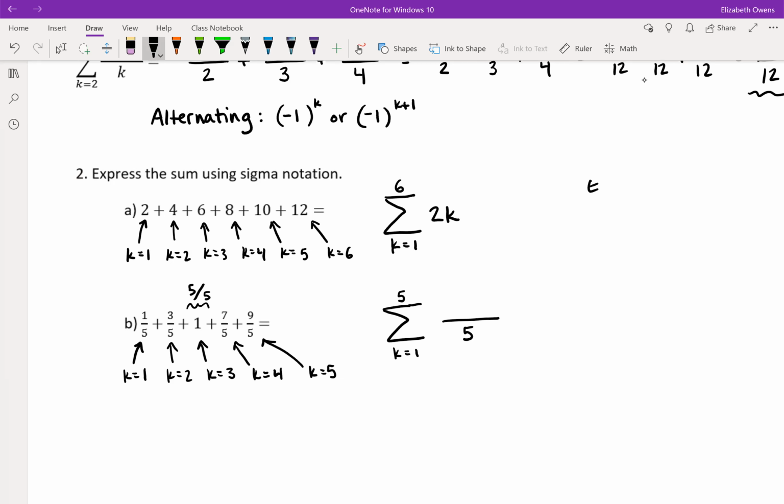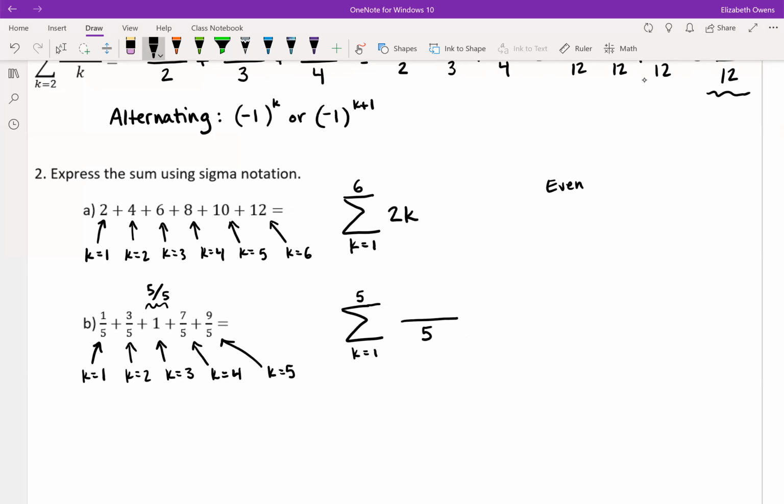Even numbers: a nice reliable way to get a formula for even numbers is to do 2 times k, because 2 times anything will always turn out even. So even numbers, 2k. So what do we think about odd numbers? There's a nice way to do a formula for those as well. Any ideas?